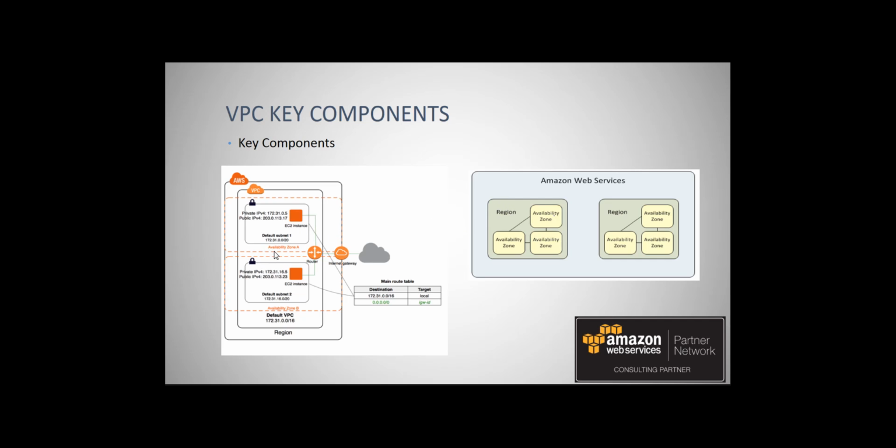Now, a couple other things I did want to point out: you'll have a route table. A route table is necessary to create when you create a VPC. And if you think about it, how are you going to route between your internal network and more than likely the external network to the internet as well? So we'll talk more about that.